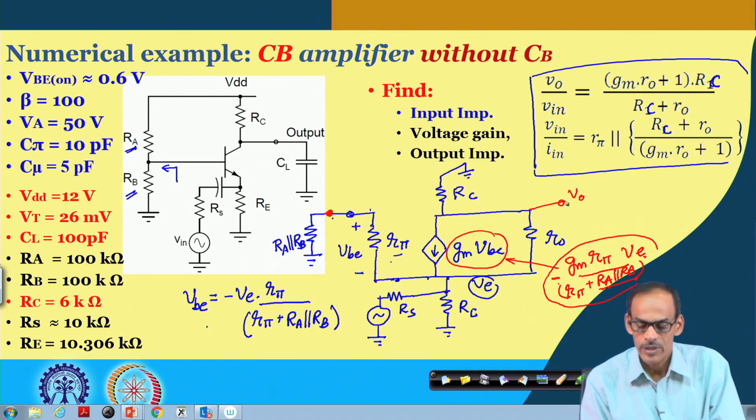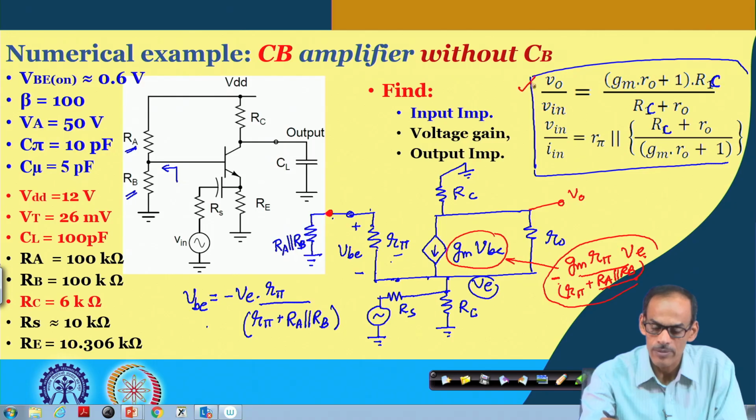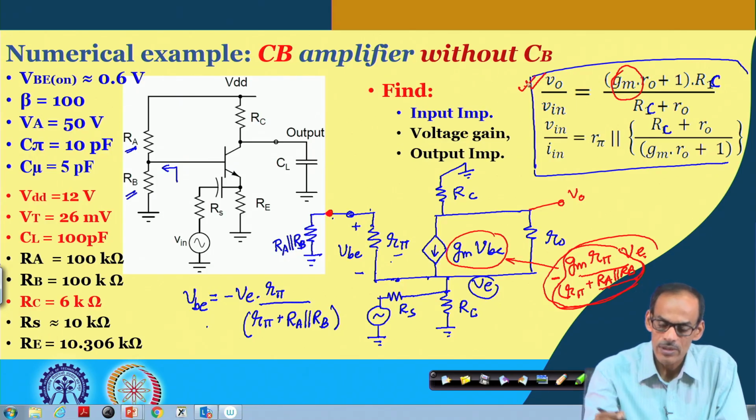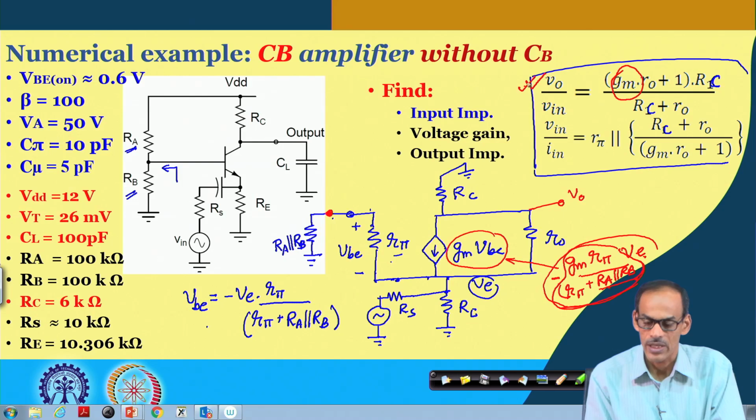In this derivation, if we replace this GM by GM into R pi divided by R pi plus R A parallel with R B, then this equation itself can give the voltage gain.